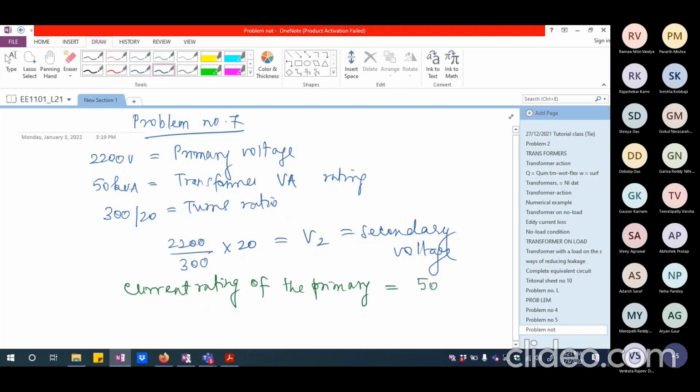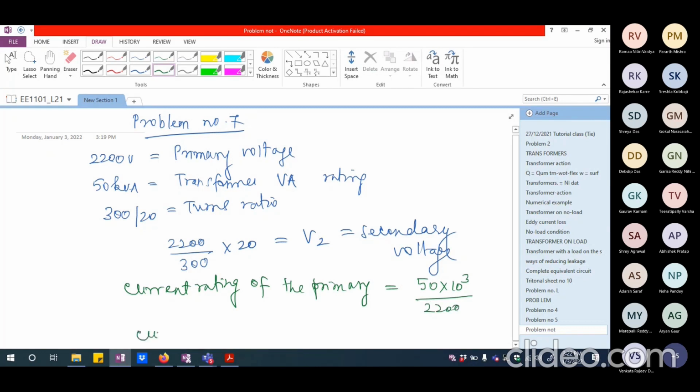Volt ampere rating is given to be 50,000. So if you divide by voltage, you should be able to get the current. So what is the voltage here? The voltage of the primary is 2200.